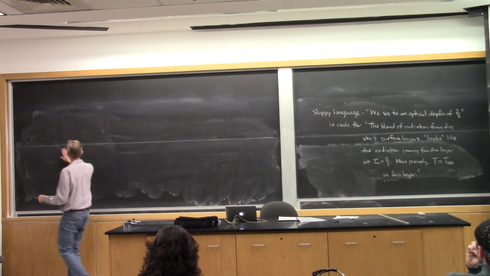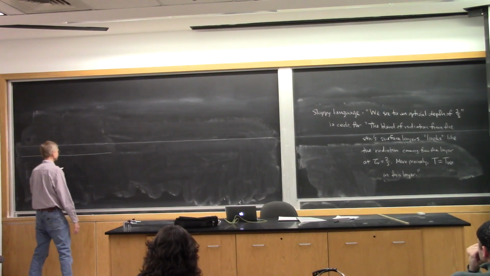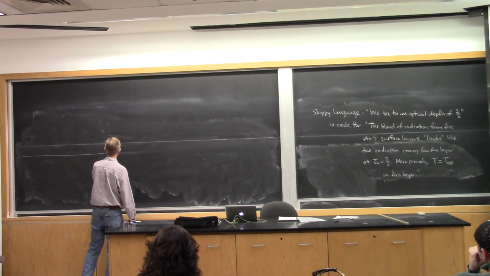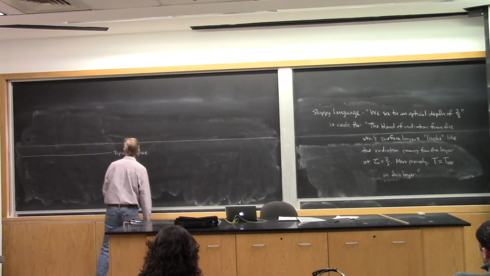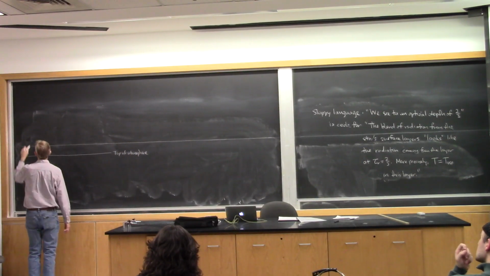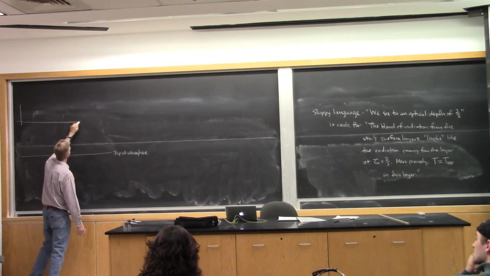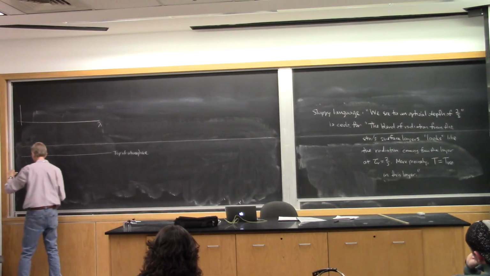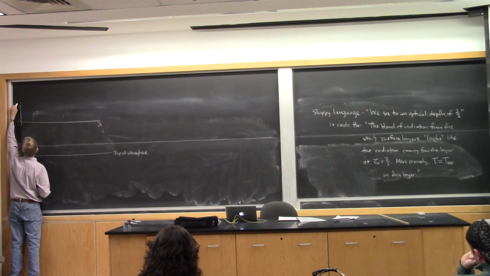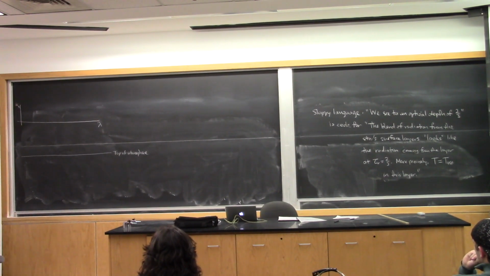So here we are. It's a star, a stellar atmosphere. Top of atmosphere. And up here, let's make a plot of opacity versus wavelength.